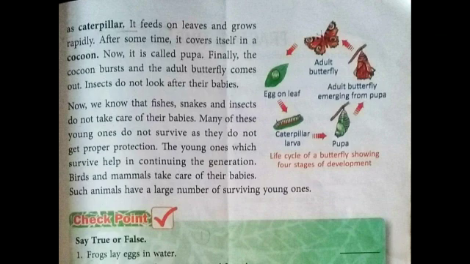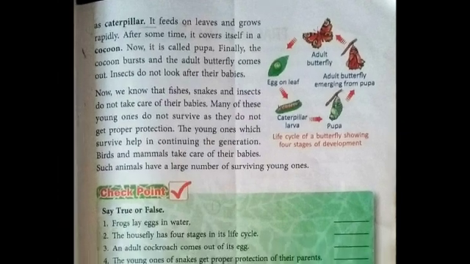An adult butterfly lays eggs on a leaf. Then the egg hatches into a caterpillar larva, and when it grows it becomes a pupa, and then the adult butterfly emerges from the pupa.